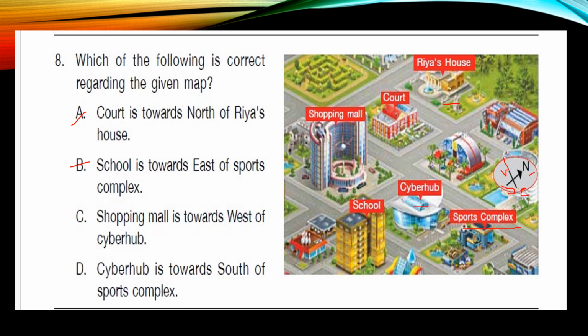This is Cyber Hub and this is its west side. So this option is correct. Answer is option C. Let's check D. Cyber Hub is towards south of Sports Complex. This is the Sports Complex, so its south is this side. So our answer is option C because D is also incorrect.